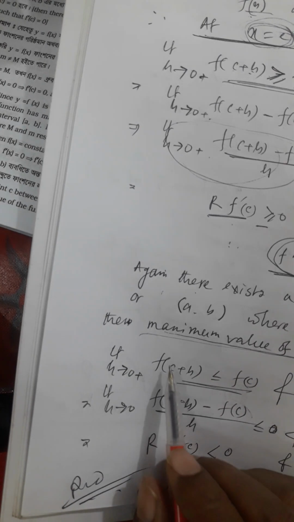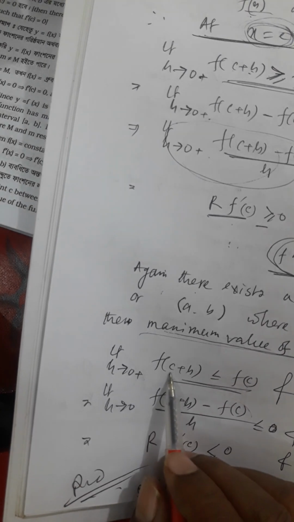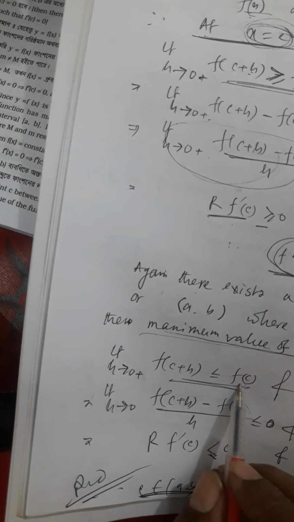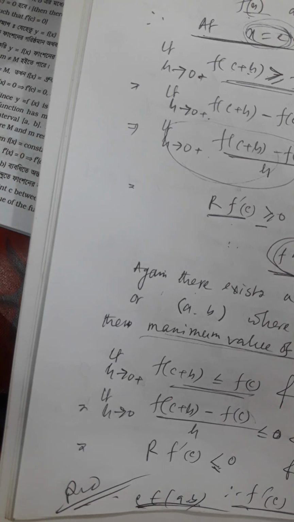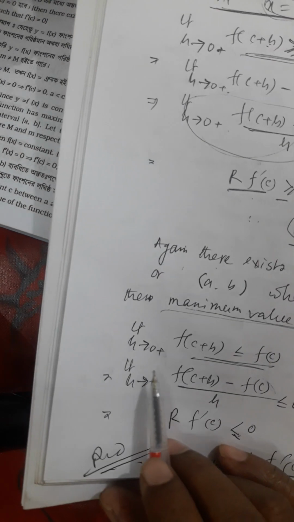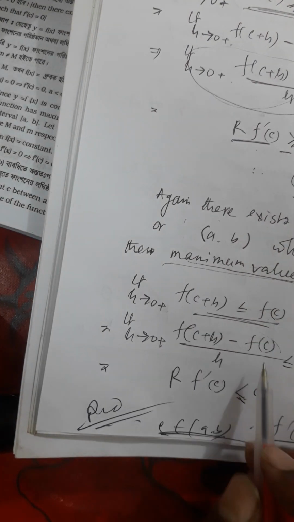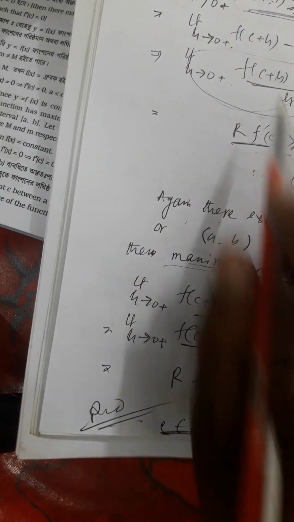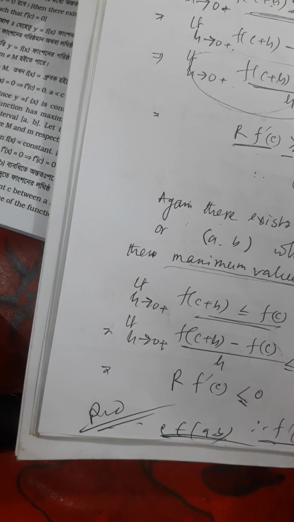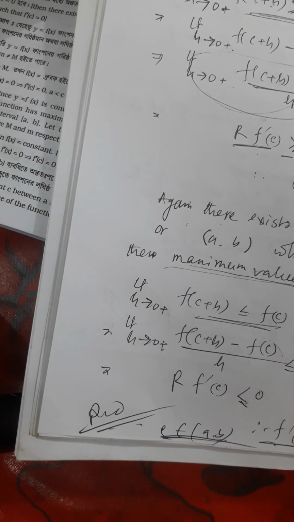Well, the limit as h tends to 0 plus, f(c plus h) is less than f(x), and the sign is negative, is positive. Then the limit as h tends to plus and h tends to minus. These values are the same, the right f'(c), and these values are the left f'(c).